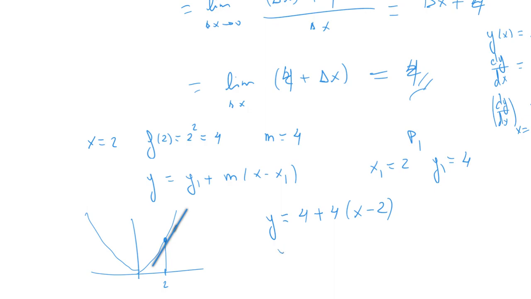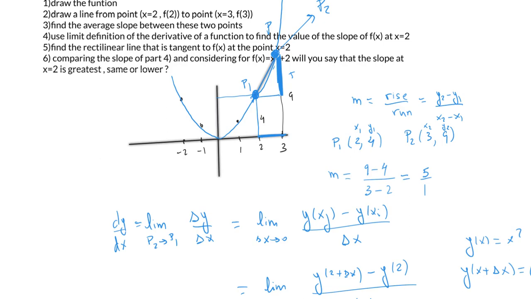Or in other words, y equals 4 plus 4x minus 8. Or in other words, y equals 4x minus 4. Or in other words, 4 multiplied by x minus 1. Okay, with this we have solved question part 5.